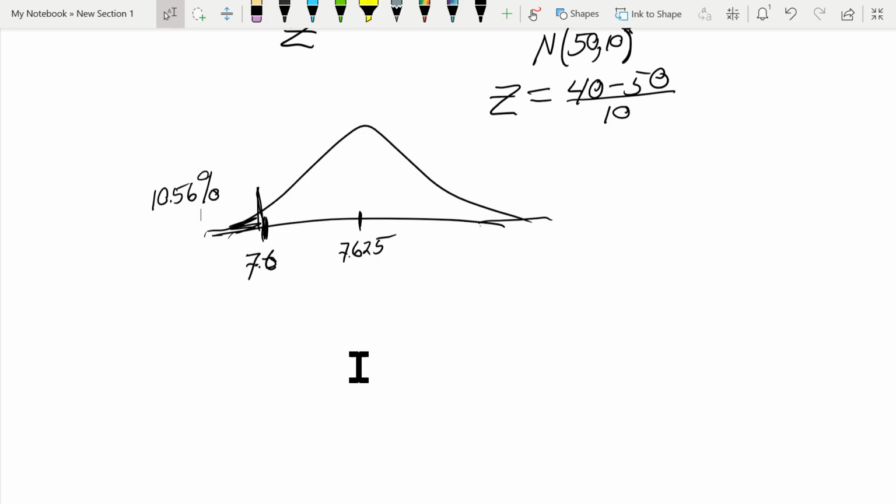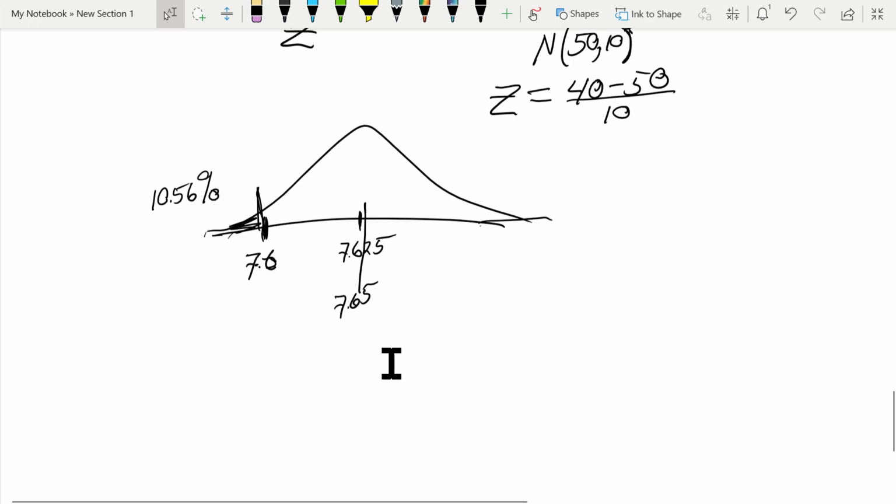Look at the next one. What percent are going to be between 7.6 and 7.65? And 7.65 is somewhere here. I want to know how much is between them.